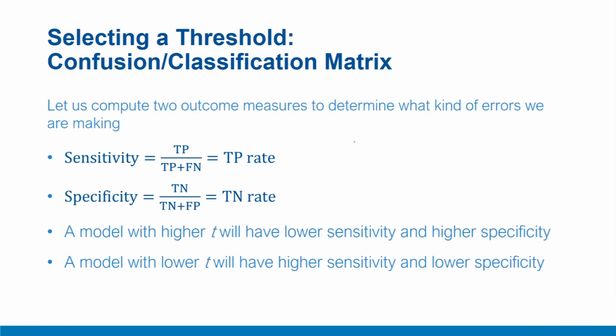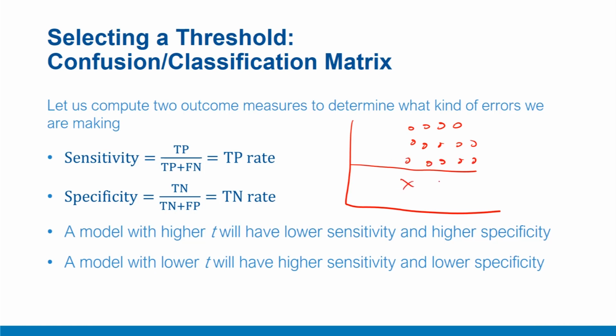Recall that diagram from the tau thresholding discussion, where we said that these zeros are our defaulters and these crosses are non-default cases.